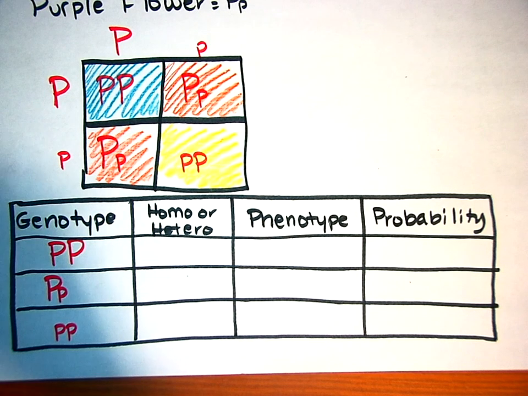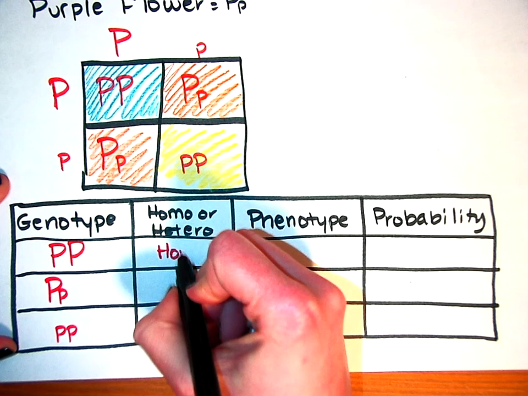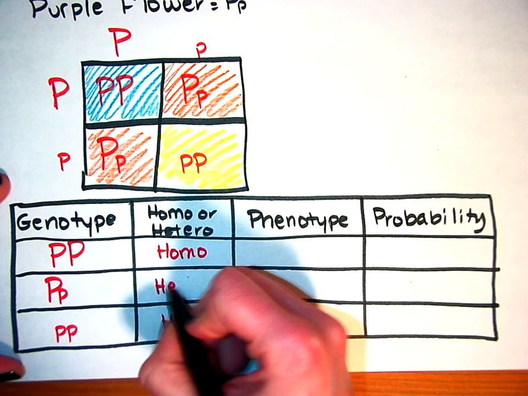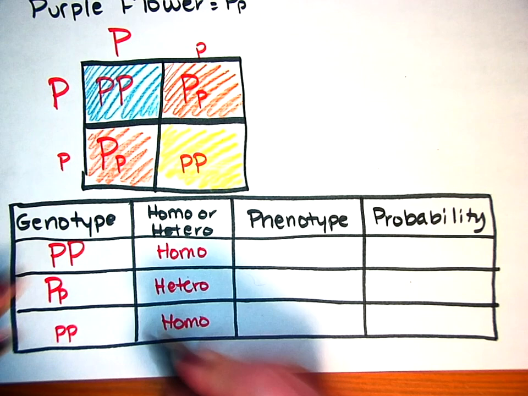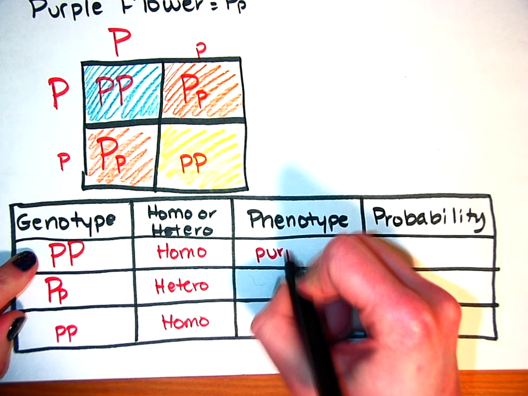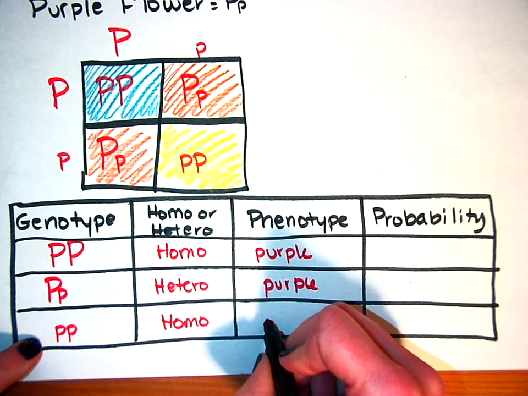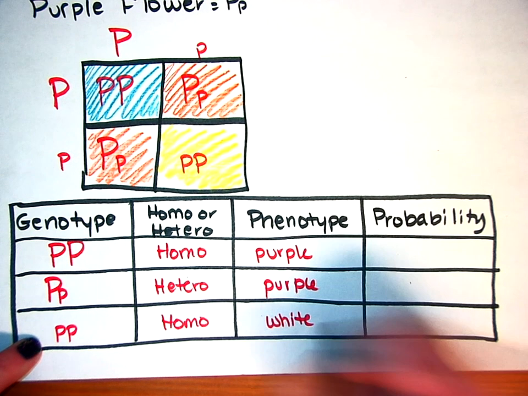Okay, and so these 2 are homozygous. This is hetero. And let's see, this would be purple, and white. So you guys follow that part so far.